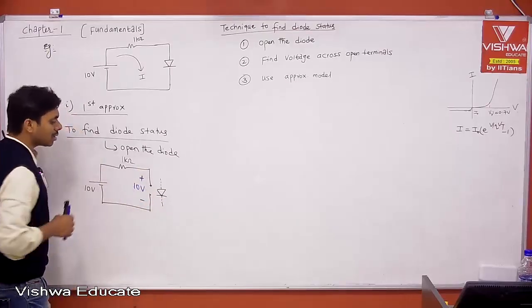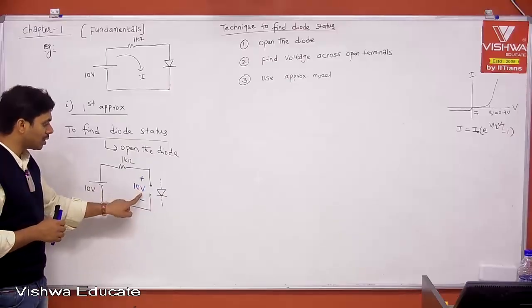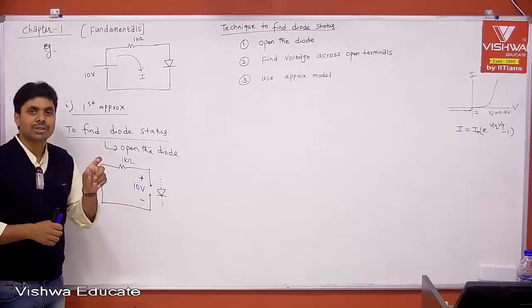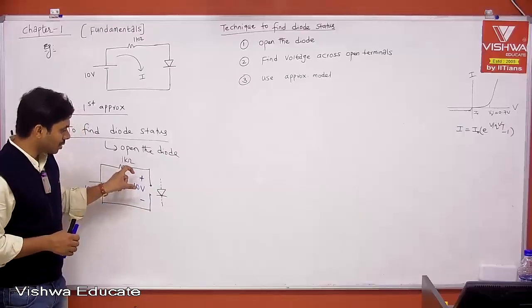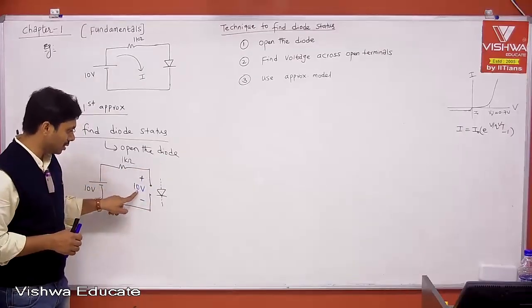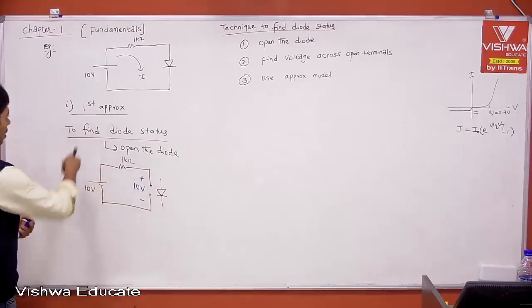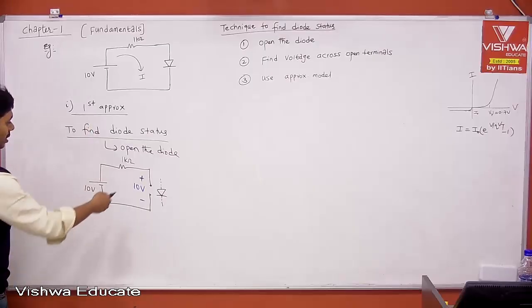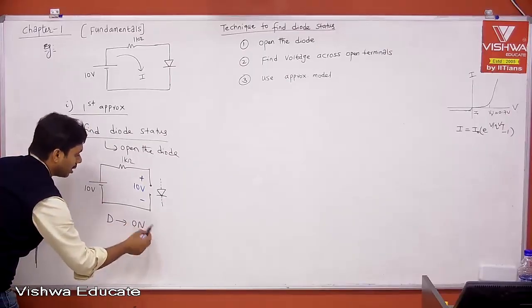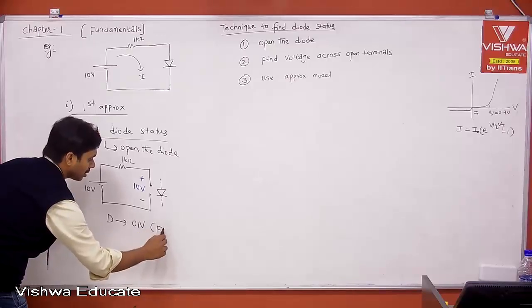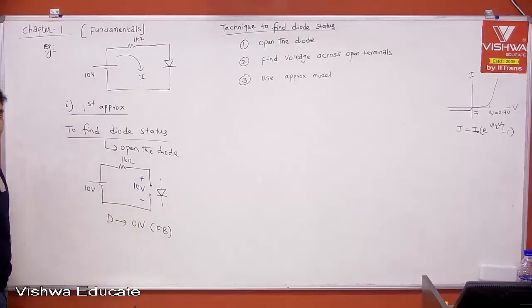Therefore, tell me what is voltage across the diode. Before connecting the diode, what is voltage across the diode here? If that voltage across the diode is greater than 0, yes, greater than 0, short it. Therefore, using first approximation, your diode is on, or I can say forward bias, because that voltage is greater than or equal to 0.